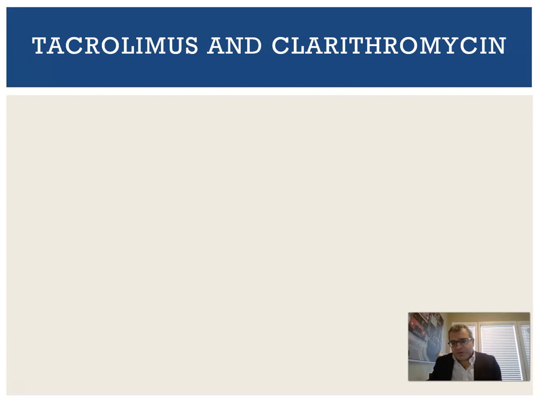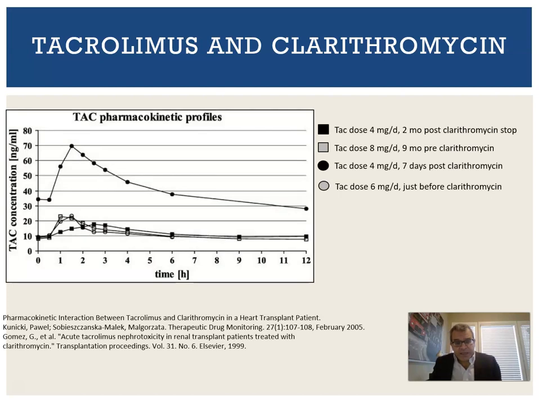Clarithromycin is one of the most commonly prescribed antibiotics in the community. It's a strong liver microsomal enzyme inhibitor, and it could inhibit the metabolism of tacrolimus. It interferes with tacrolimus metabolism, leading to a significant increase in TAC concentration, which could lead to tacrolimus toxicity, like nephrotoxicity in renal transplant patients.